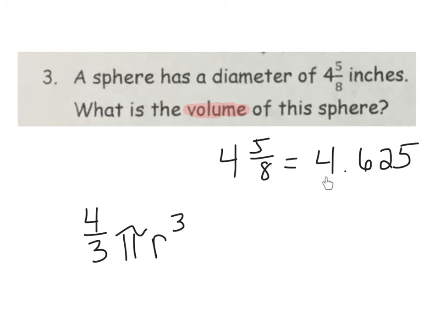This is diameter, so we have to divide this by 2. We'll round it off a little and use a radius of 2.31. Plug it in the formula, get your answer.